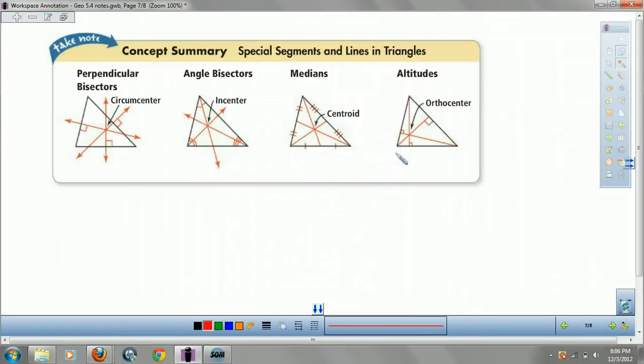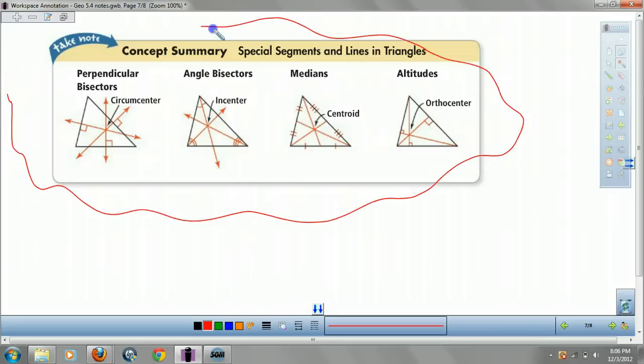Okay, quick review, guys. Make sure you look at this before a quiz. Perpendicular bisectors, circumcenter: don't go through a vertex, midpoint of the line, right angle. Angle bisectors go through a vertex, cut the angle in half, make the incenter. Medians start at a vertex, cut the opposite side in half, centroid.